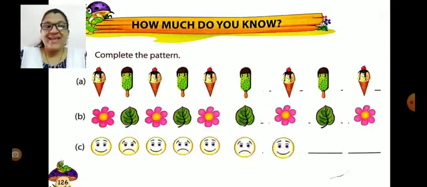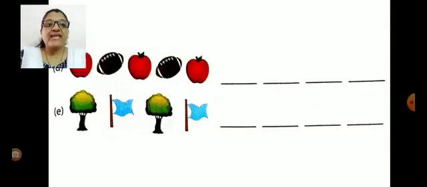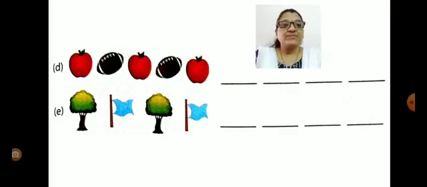Then again happy, then sad, and then last again happy smiley. Yes. This is the pattern we follow in this example. You all have to draw these pictures in the blanks given in your textbook. Yes. Now let us see in the next page.